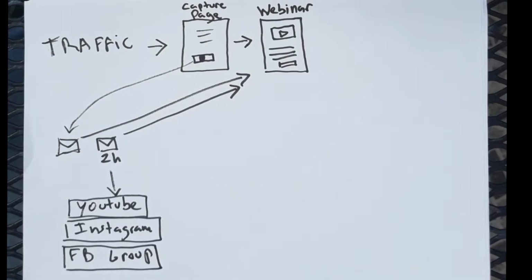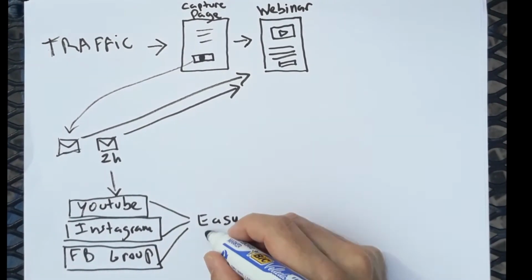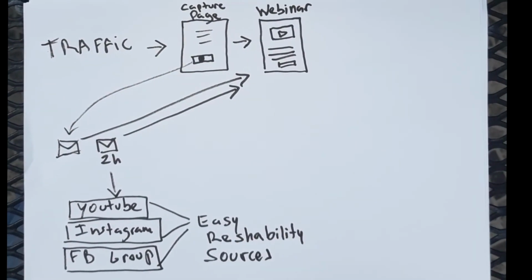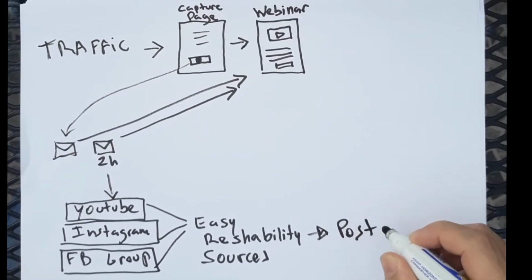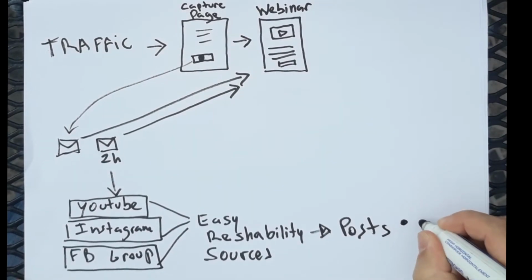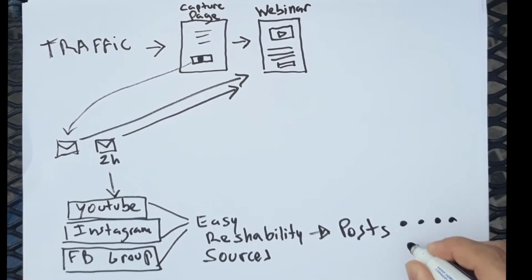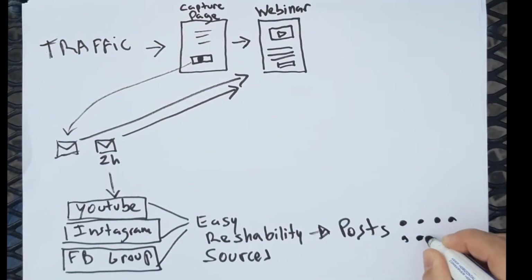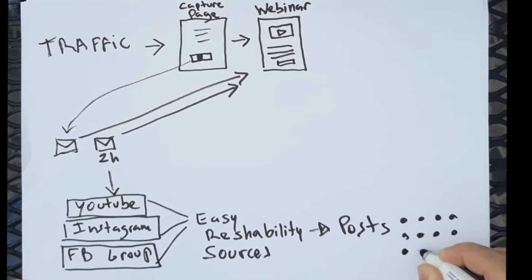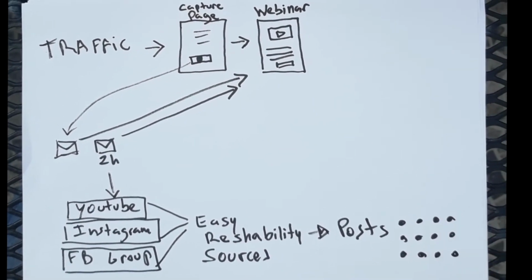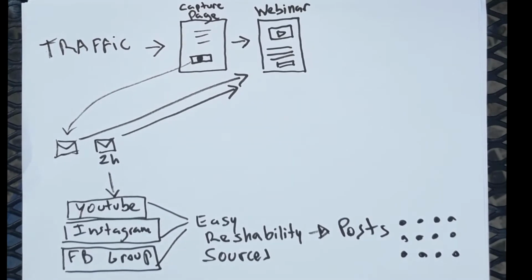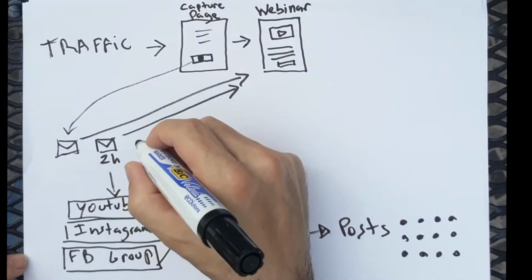You can add any social media you want. And the reason we're doing this is easy reachability, so that with posts, with stories, I can then reach them again. I do videos on YouTube, in the group, provide value, and I keep in touch with them, and then down the line give them value and sell them.